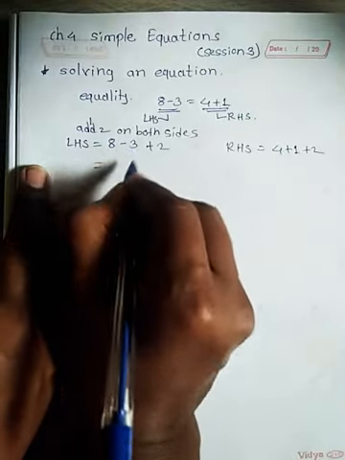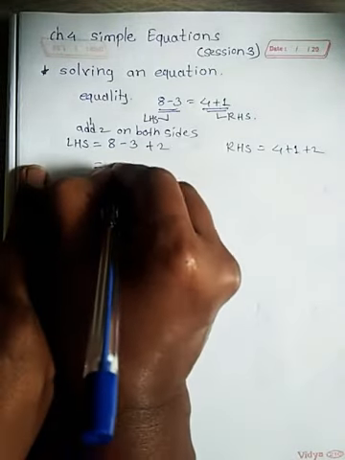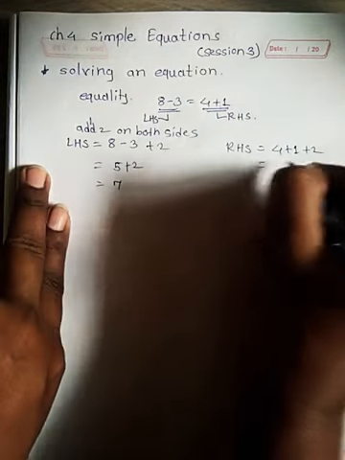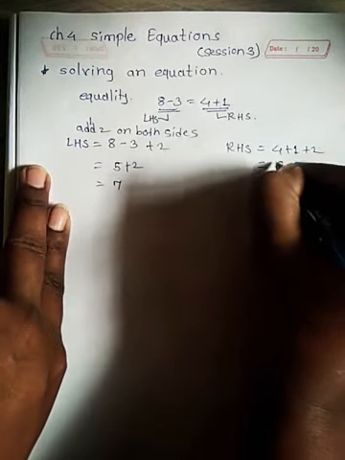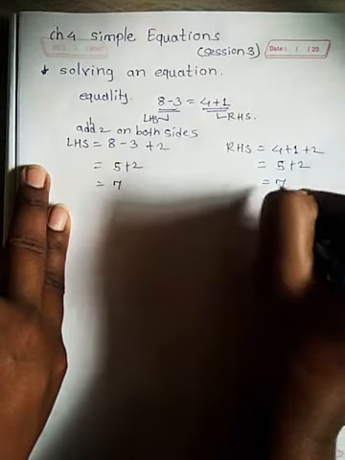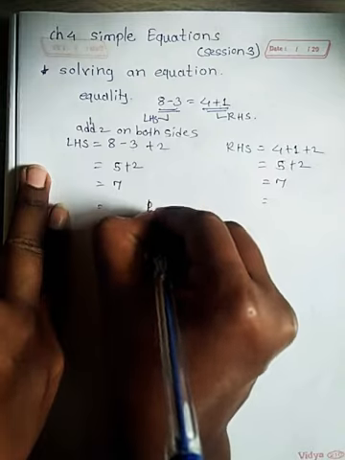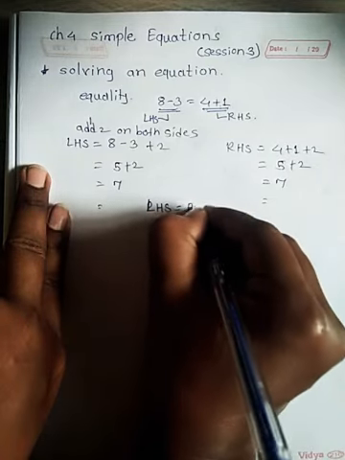Now 8 minus 3 is 5, 5 plus 2 is equal to 7. Here 4 plus 1 is 5, 5 plus 2 is 7. So both are equal, means LHS is equal to RHS.